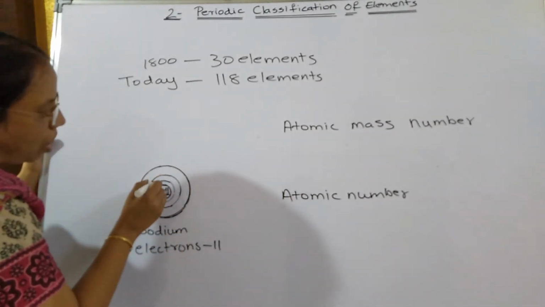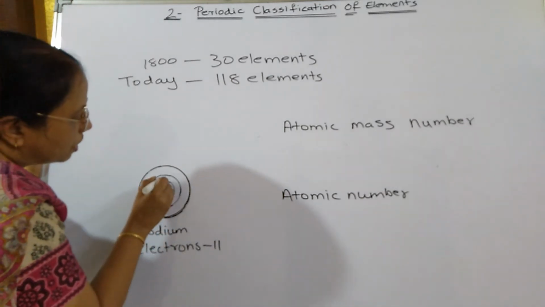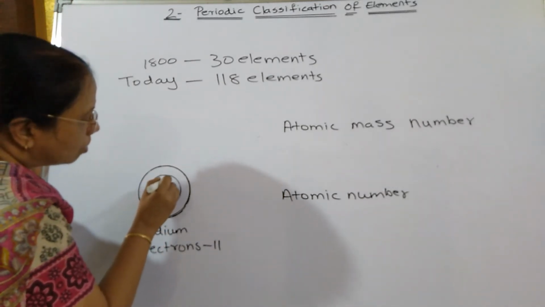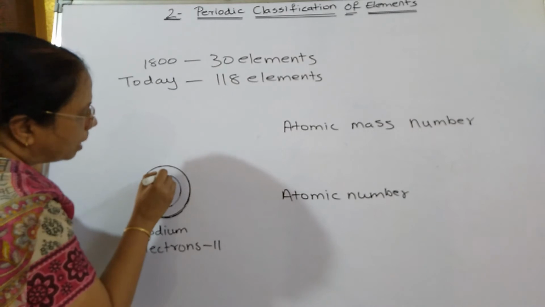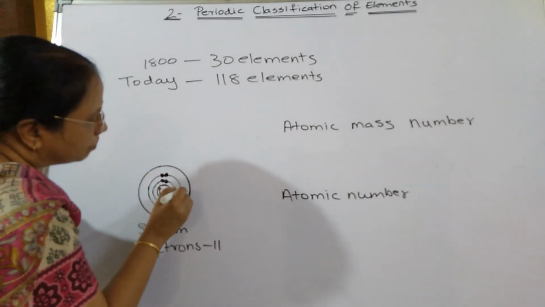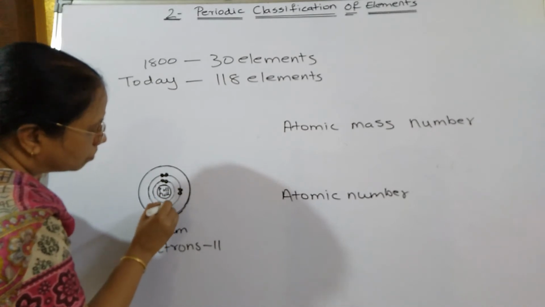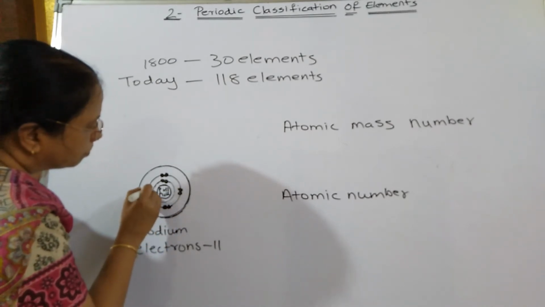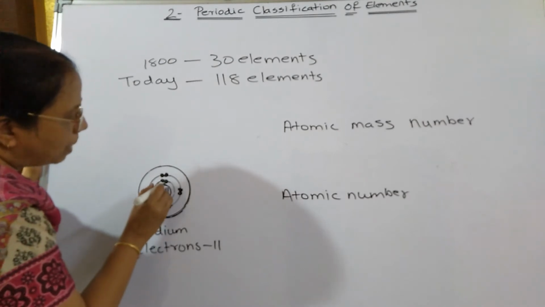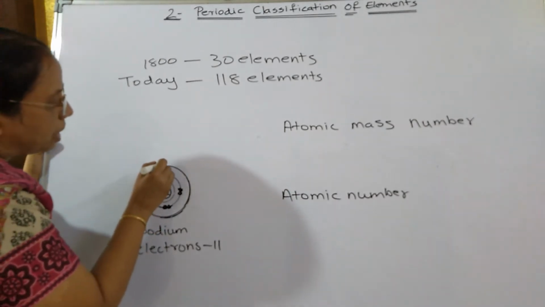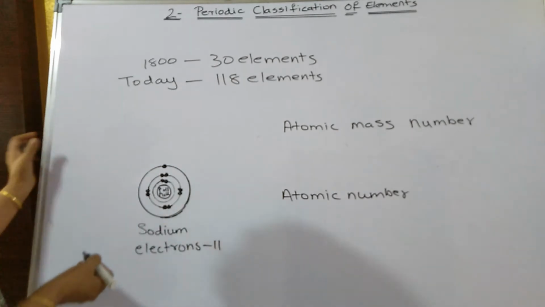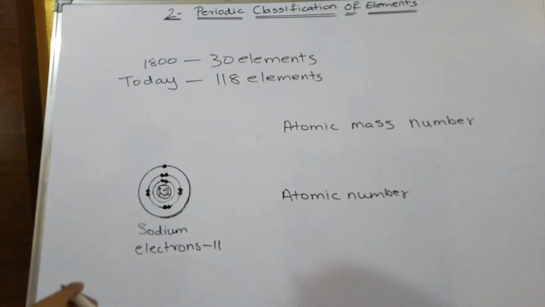So how do you distribute the 11 electrons? In the first orbit there will be 2 electrons. In the next orbit 8 electrons. So 8 plus 2 became 10, only 1 is remaining, so that 1 will go in the next orbit. So how many electrons does sodium have? 11 electrons.